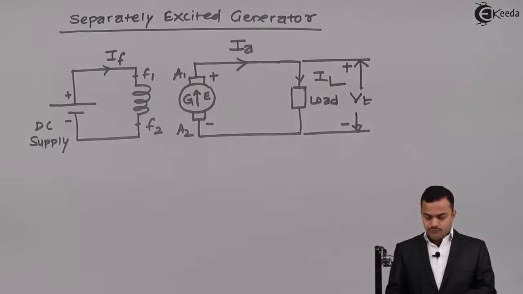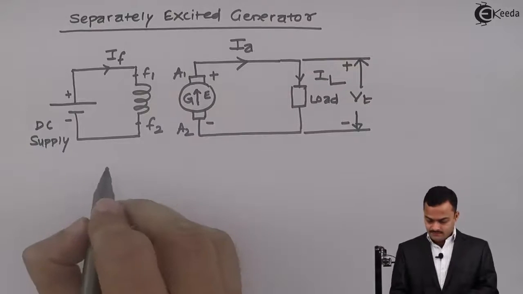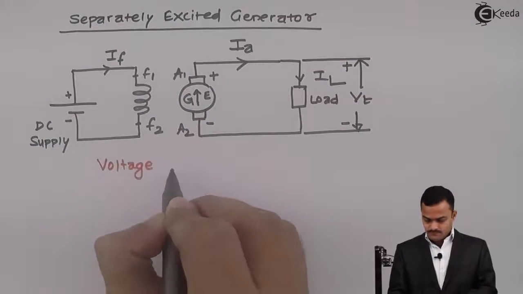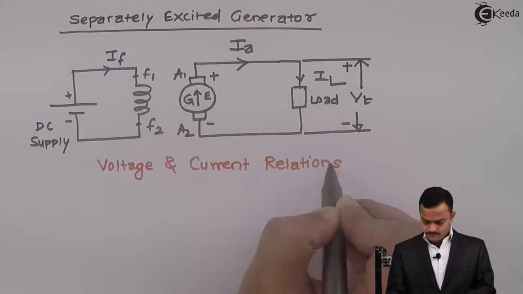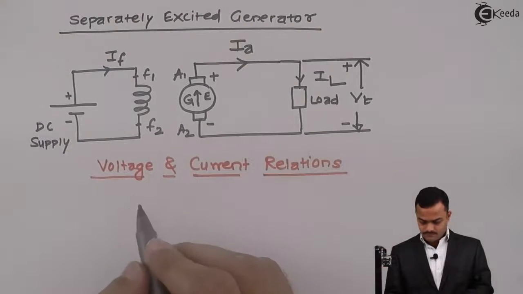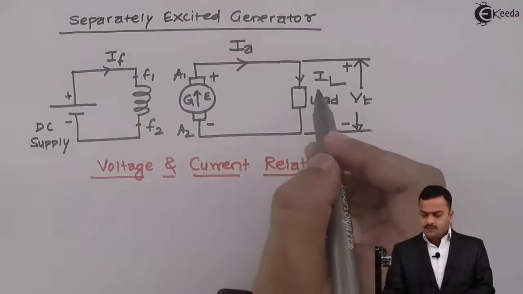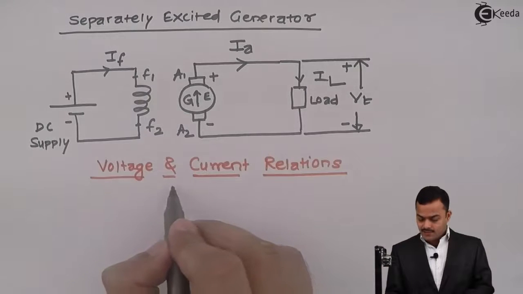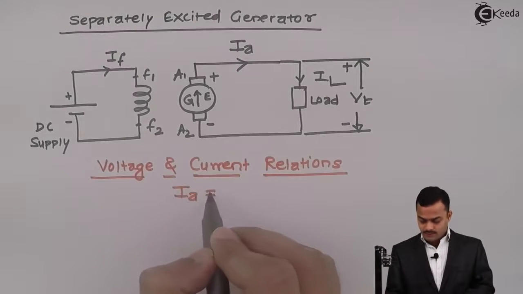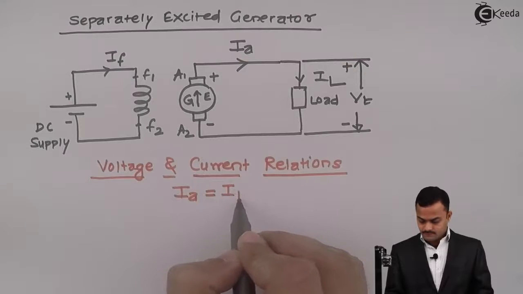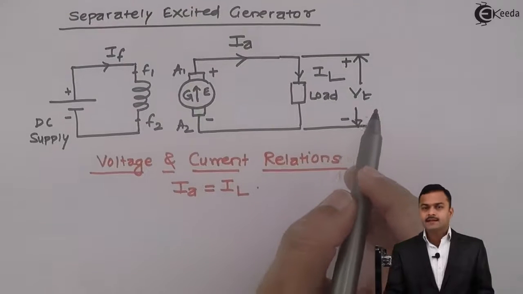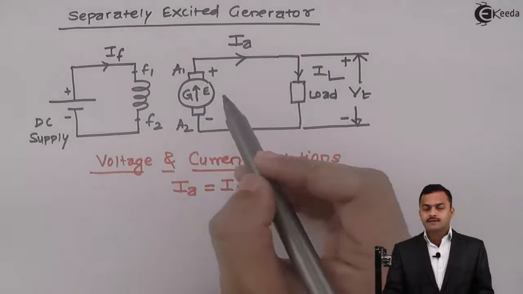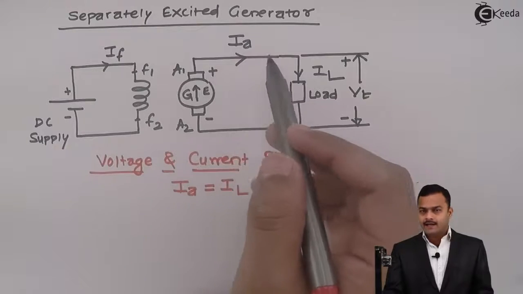Let's write voltage and current relations. Here we can say armature current is nothing but the load current, and terminal voltage VT is nothing but E minus IARA.